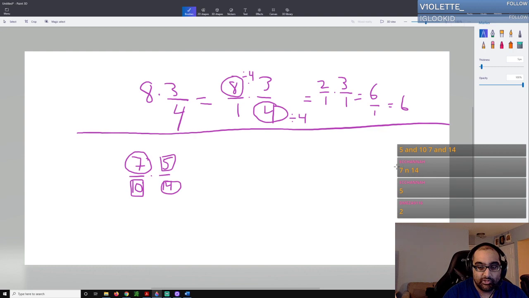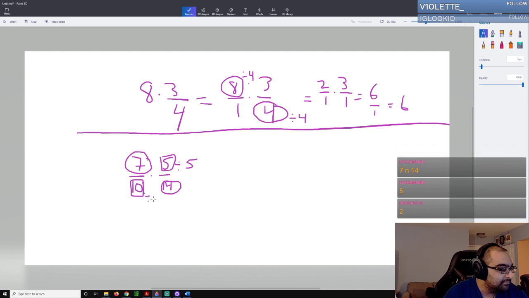We could divide by 5. Good. So 5 divided by 5 is 1, and 10 divided by 5 is 2.